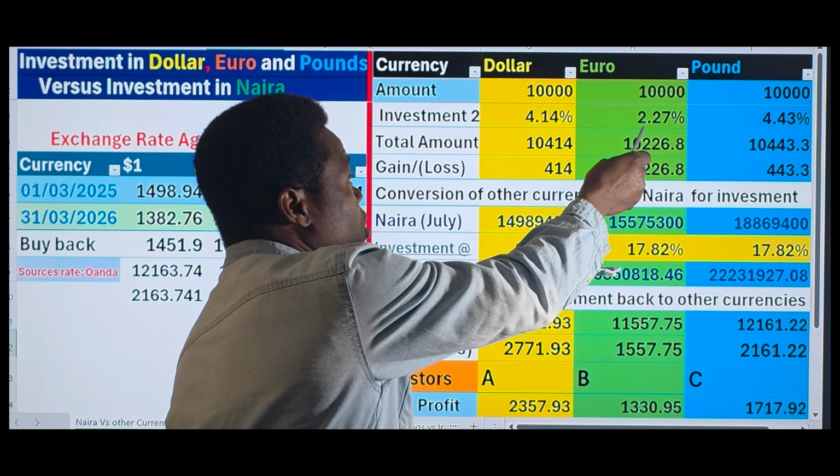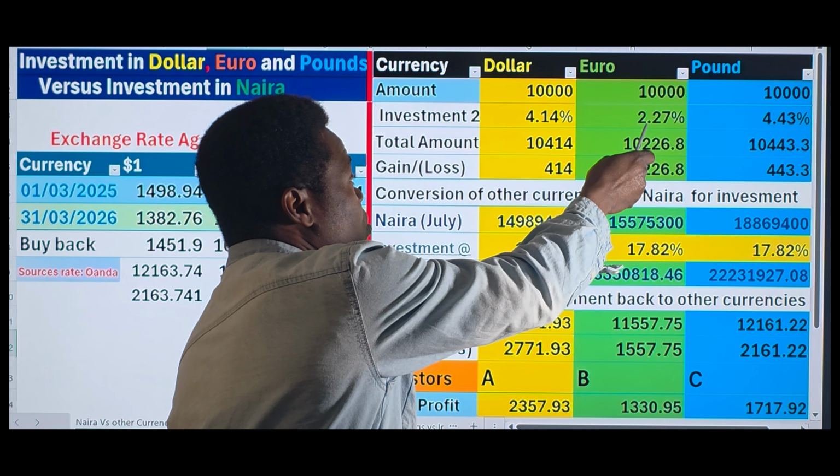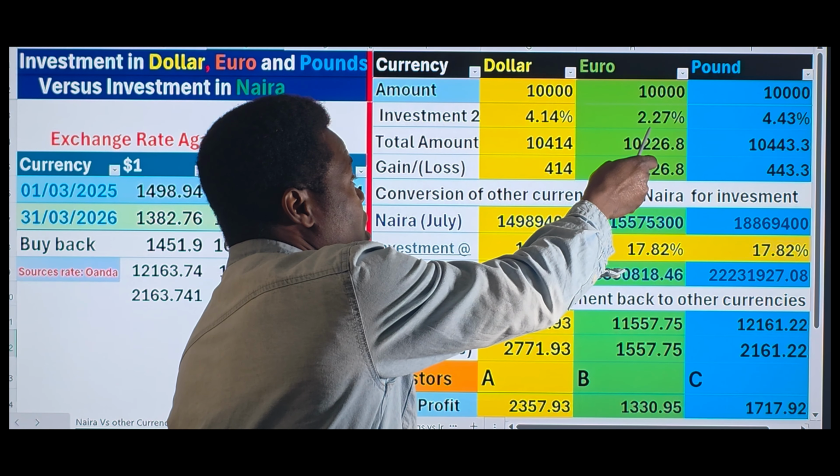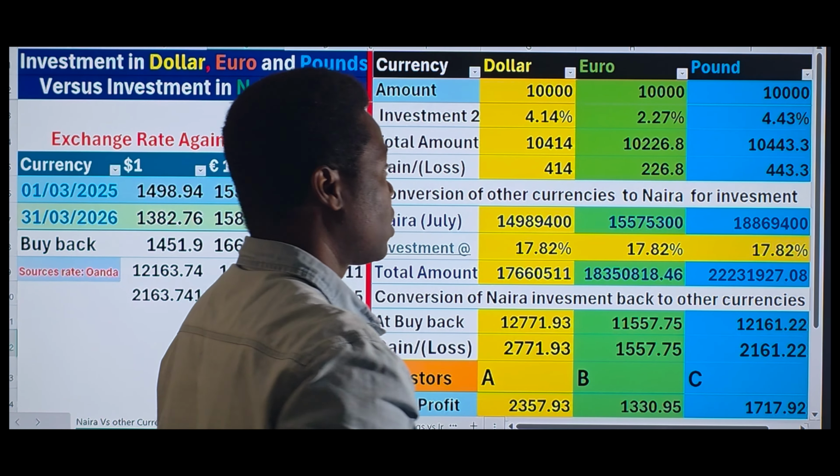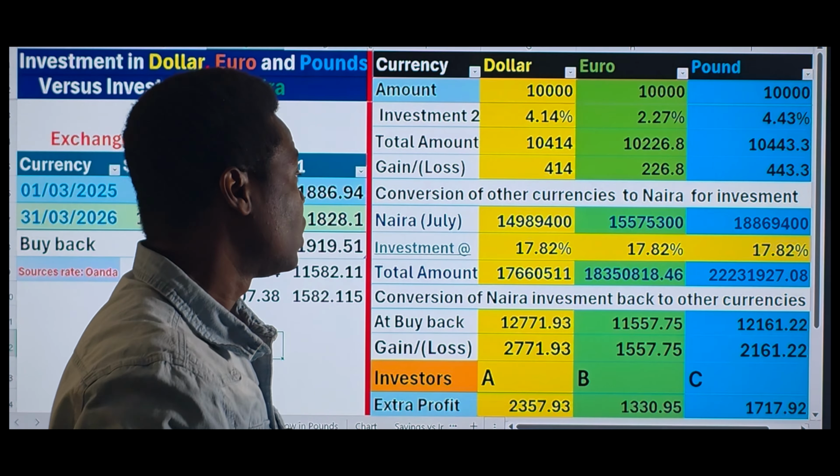As at March 2025, the Treasury bill interest rate in Italy was 2.27%, while the Treasury bill interest rate in the UK was 4.43%. Then, if we go to Nigeria, the interest rate for Treasury bill as at March 2025 was 17.82%. Those are the interest rates.